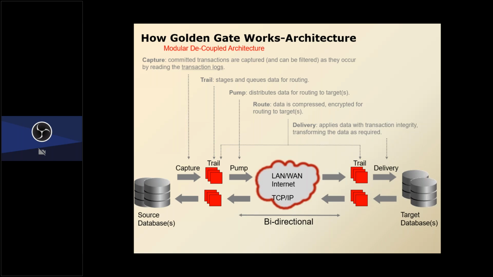The classic extract establishes its own session at the database level. Classic extract is external to the database, so it establishes a connection and then reads the transaction logs in sequential manner.